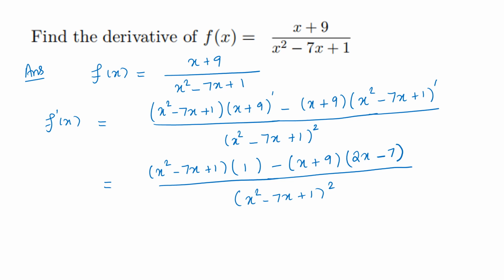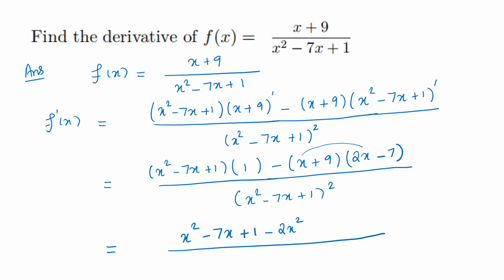Now just multiply. 1 times x square minus 7x plus 1 is x square minus 7x plus 1. Now multiply the second term. Minus x multiply with 2x minus 7. So minus x multiply 2x is minus 2x square.